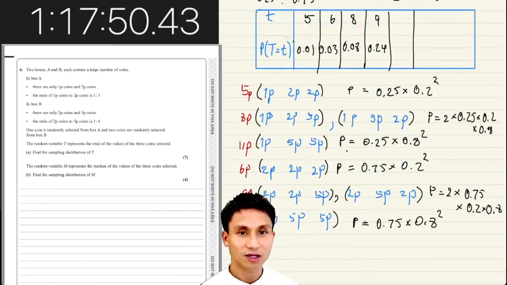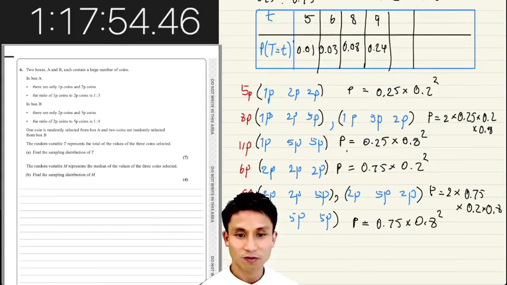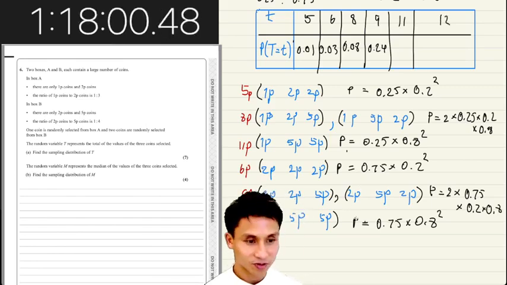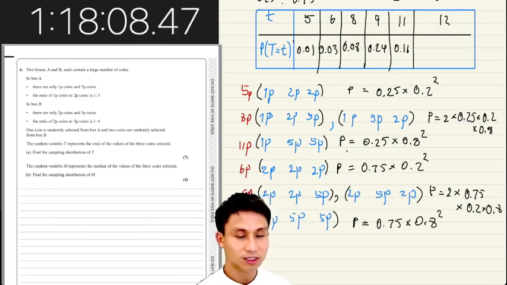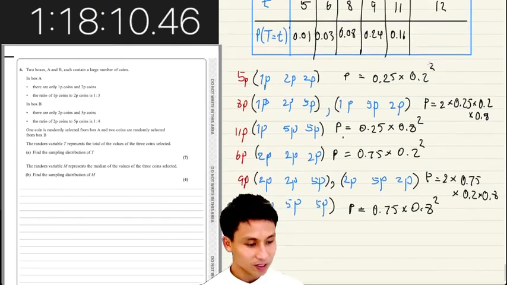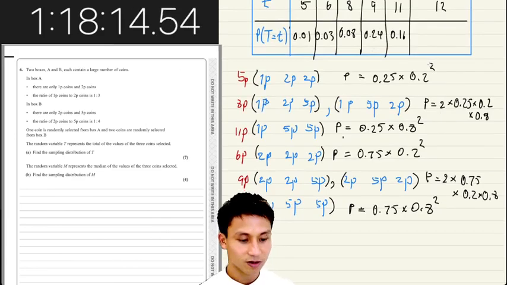How can we? 1, 2, 3, 4, 5, 6. 1, 2, 3, 4, 5, and 6. Yeah, almost. 0.25 times, so we're doing 11 first, times 0.8 squared. That's 0.16. Then lastly, the 12 pence case, 0.75 times 0.8 squared.